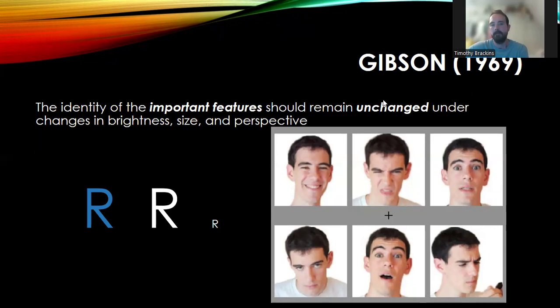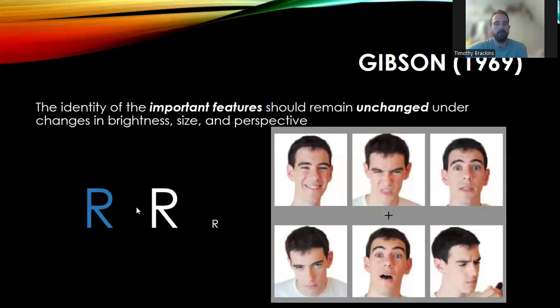And the important features, so the critical features in each object, must remain unchanged under changes in brightness, size, and perspective. So when we think about template matching theory, that was one of the major flaws here: the templates didn't stay the same under different contexts, whereas Gibson is saying that within feature detection, these critical features have to stay the same. So no matter what changes may occur to the object, the critical features have to remain unchanged.